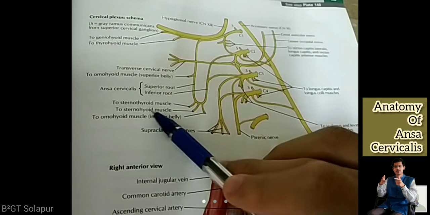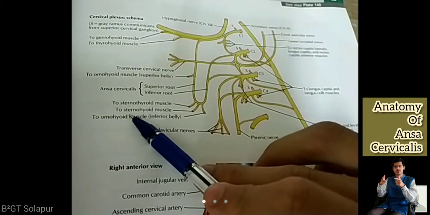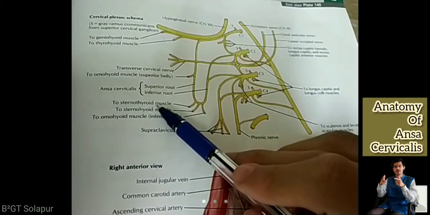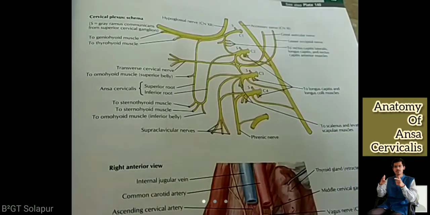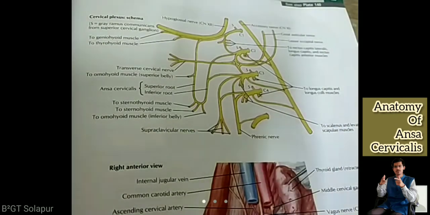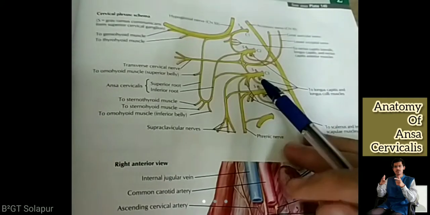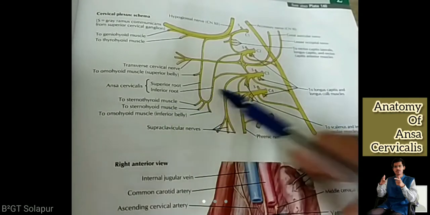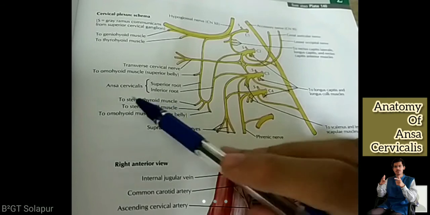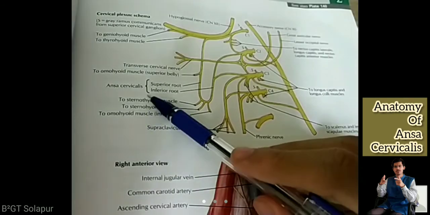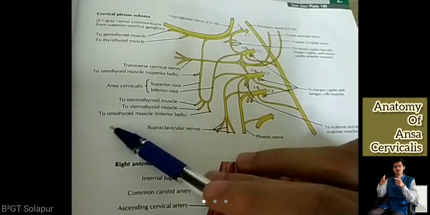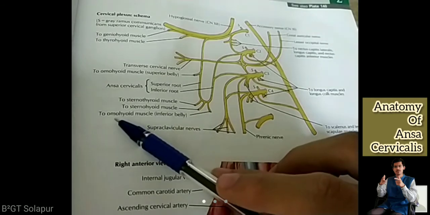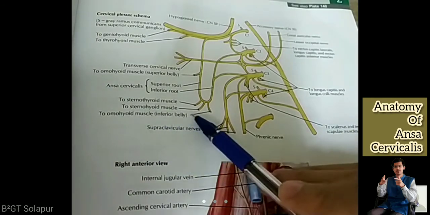Sternohyoid muscle means from the sternum to the hyoid. We already discussed this in the strap muscles when we were talking about the thyroid gland, in the cut section through the neck through the thyroid gland. So you know this: sternohyoid, sternothyroid, and the other branch it gives to the omohyoid muscle, inferior belly.